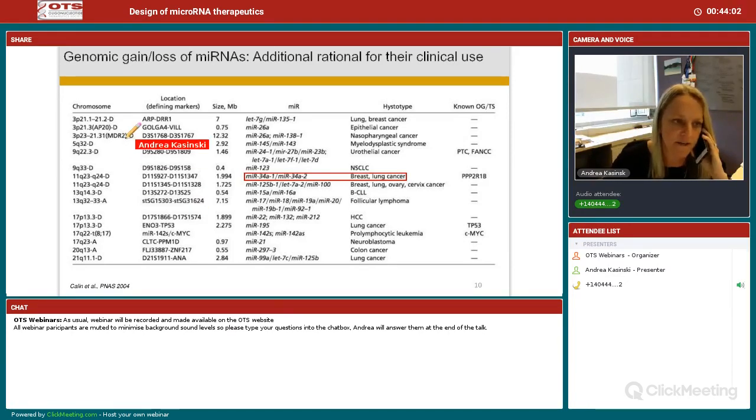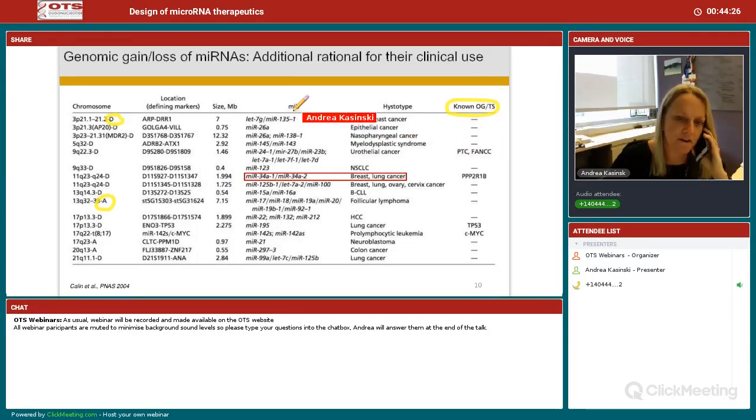And these are regions that are often either deleted, as you can see with these various Ds, or sometimes somewhat less frequently amplified in cancer. And so in these chromosomal regions where these deletions or amplifications occur, there were very few known protein-coding oncogenes or protein-coding tumor suppressor genes.